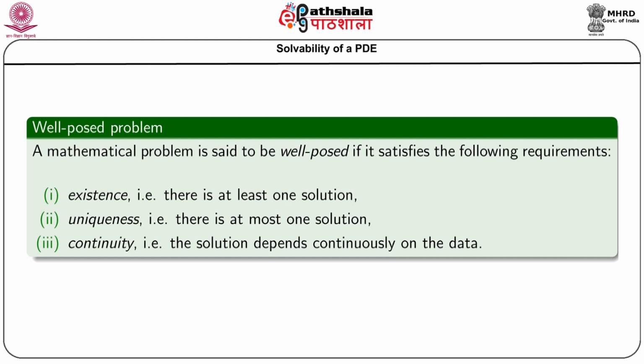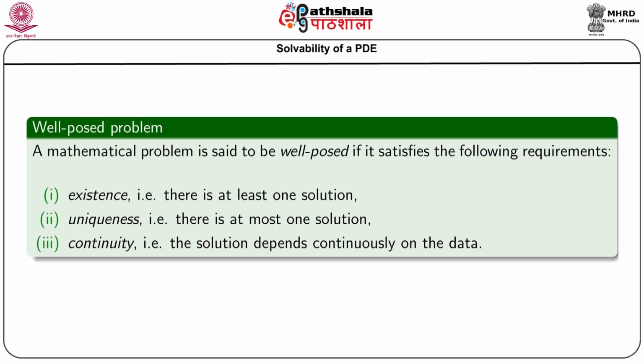The first one is existence, which says that there is at least one solution of the problem, and the second one is uniqueness, which says that there is at most one solution, and the third important criterion is continuity, that is, the solution depends continuously on the data.